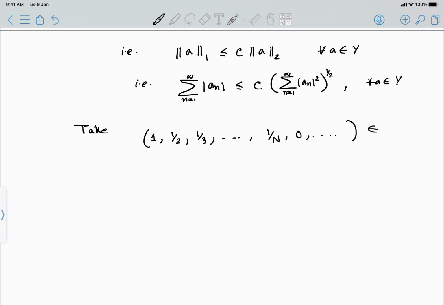So this is in Y, right? Because this is 0 after finitely many terms, so this is finite with respect to the L2 norm. So this is in Y.